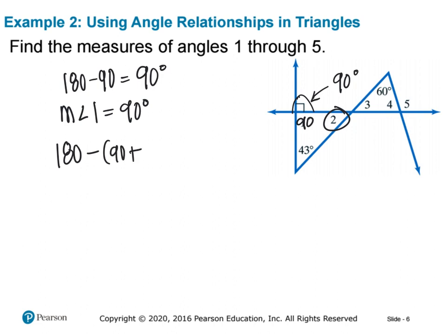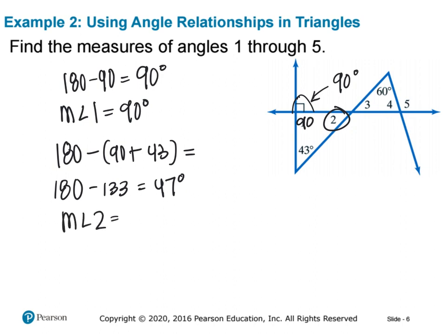So 90 plus 43 is 133, so we get 180 minus 133. So that's going to give us 47. So the measure of angle 2 is 47 degrees.